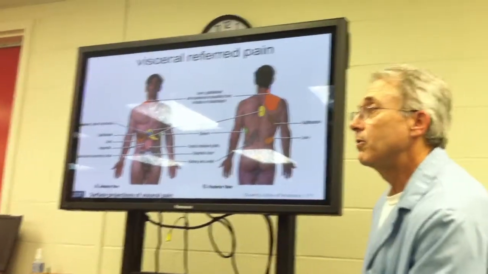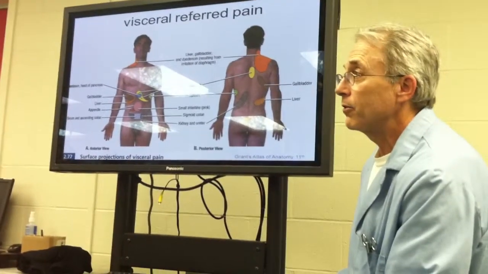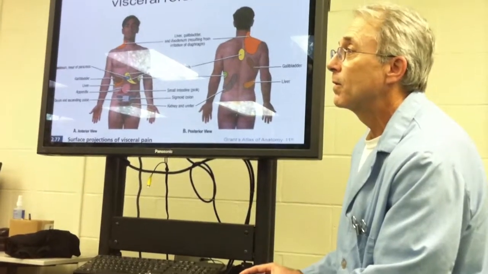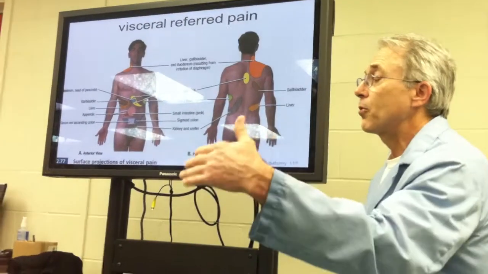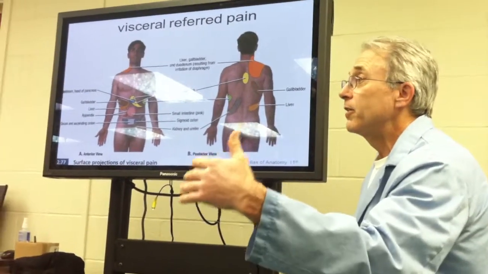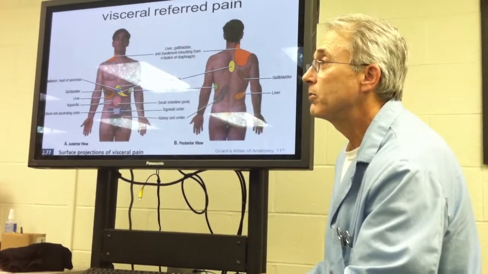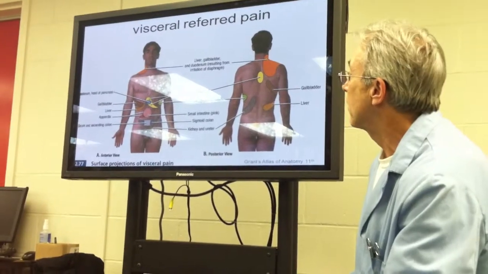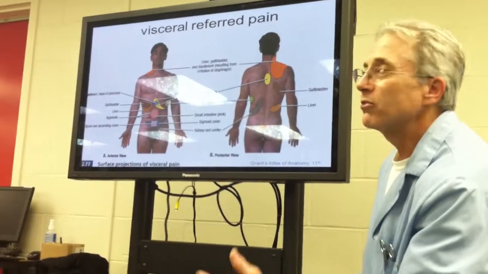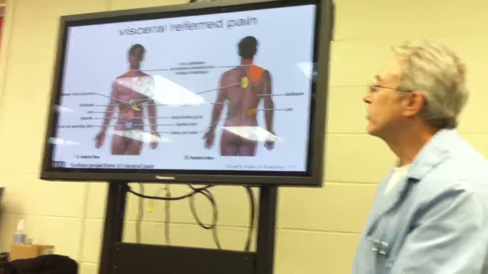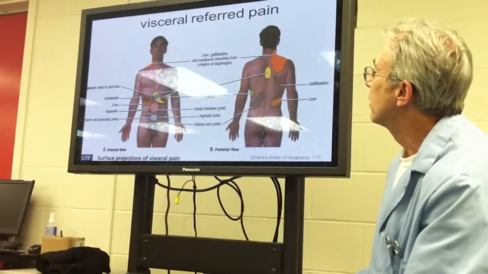But when it goes to the peritoneum, now it's parietal. Now it's affected the body wall. And that parietal layer is innervated by the general somatic afferent. So that's the regular pain, touch, temperature that you would experience. Right? So stomach, you can see here, has essentially that T6 to T9 kind of dermatome area.